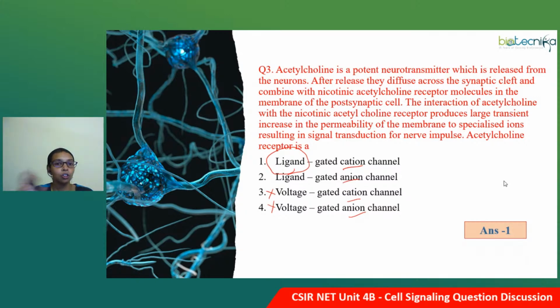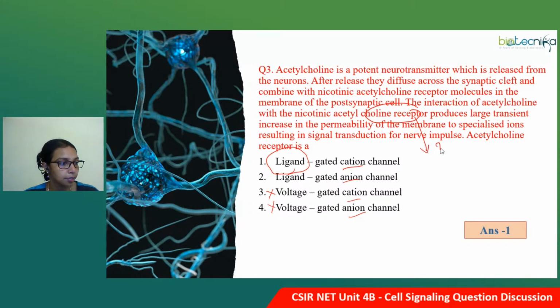Now, on to this question, I want to know the forms of the receptor. Neurotransmitter goes and binds to the acetylcholine receptor, they said. It exists in how many forms and what are they? Tell me the structure of an acetylcholine receptor.